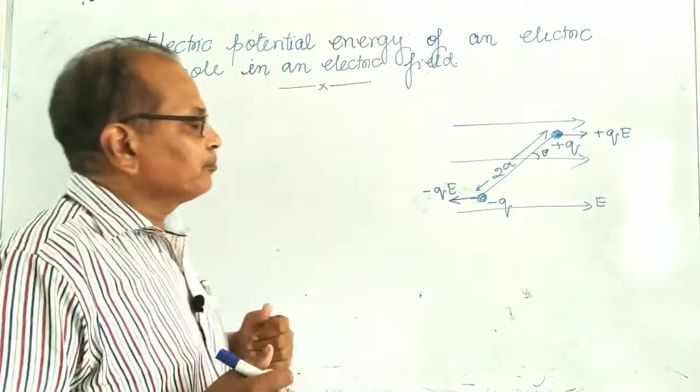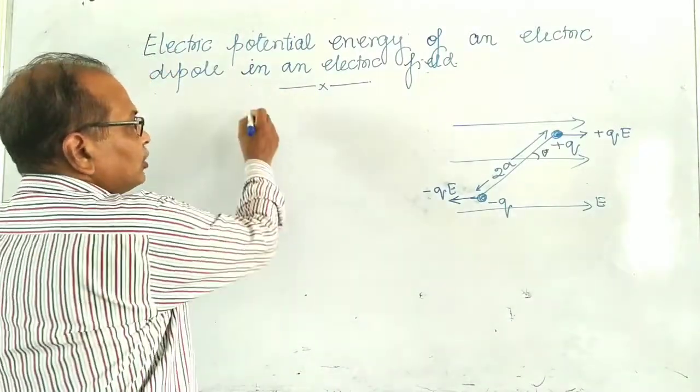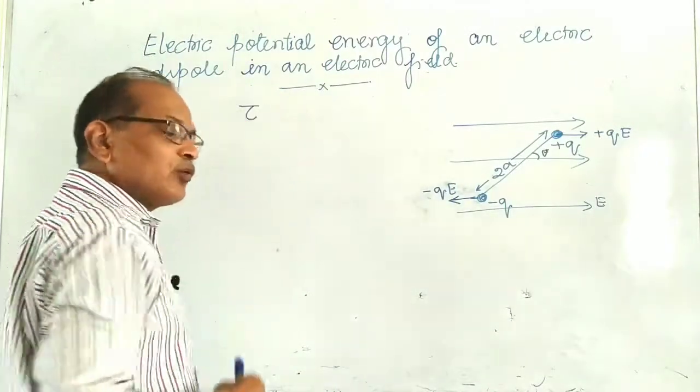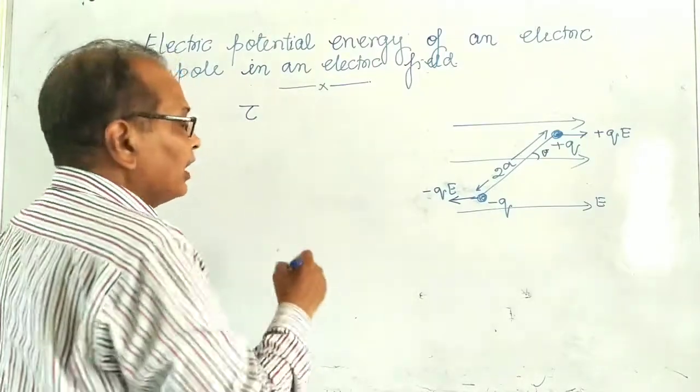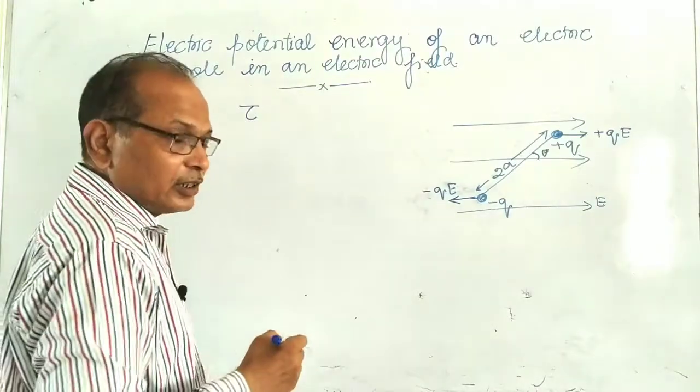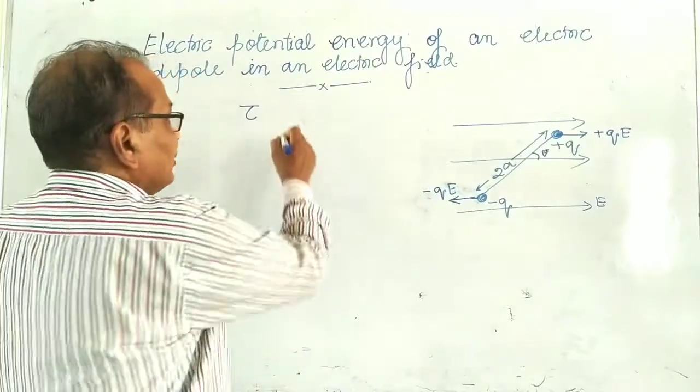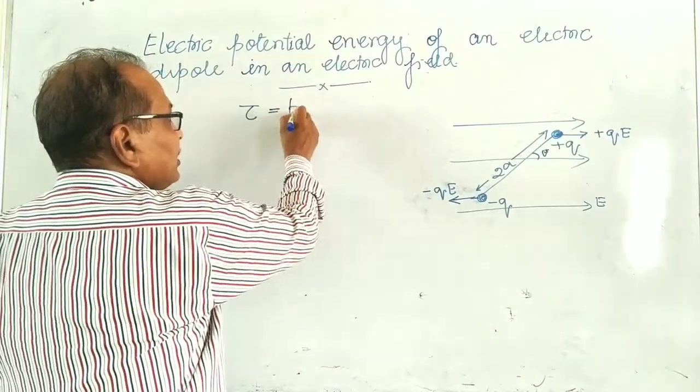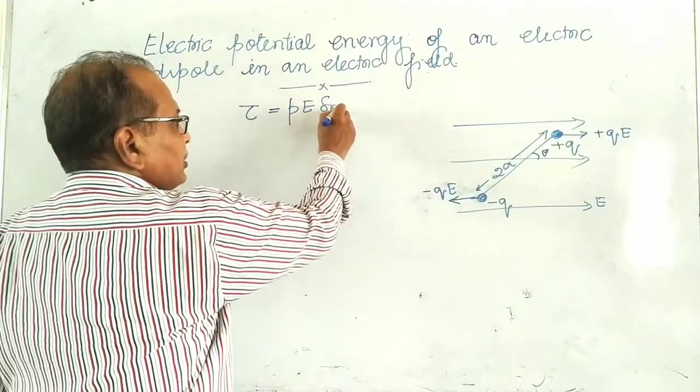Let us see here. First of all, the torque experienced by the dipole when it is placed in the electric field, as we studied earlier in the previous topic, torque is equal to PE sin theta.